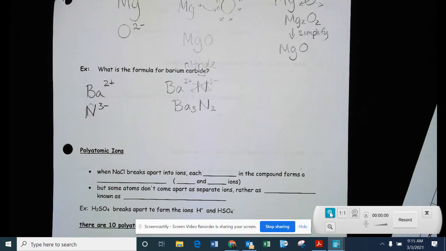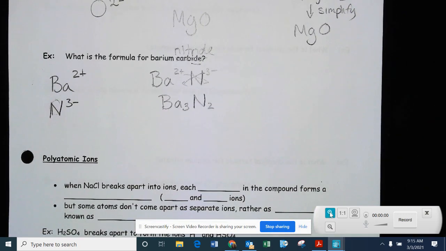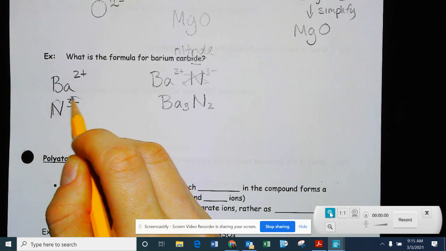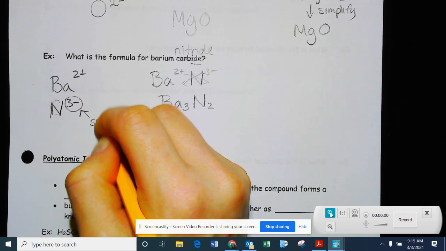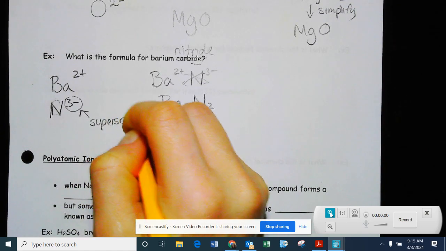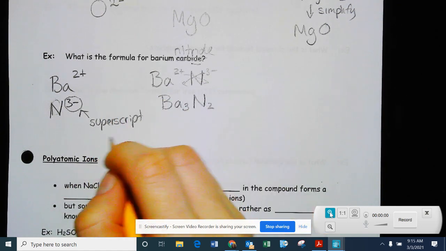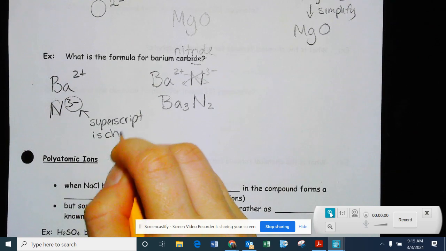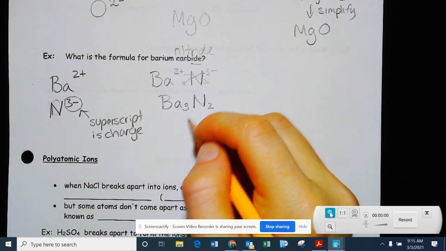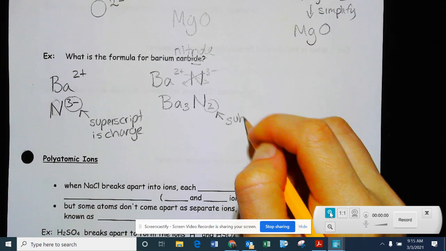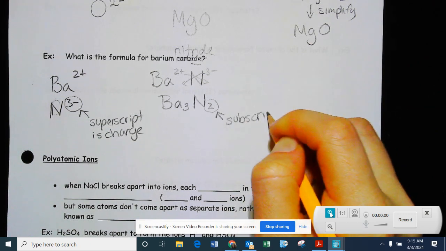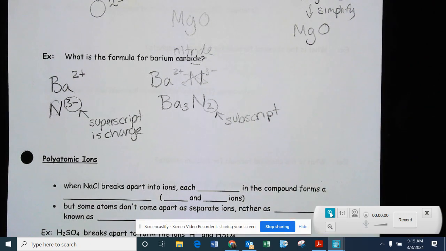A really important thing about this is when we're writing the numbers up top as superscripts, that indicates charge. When we've got a number on the bottom like this, a subscript, that tells us how many.